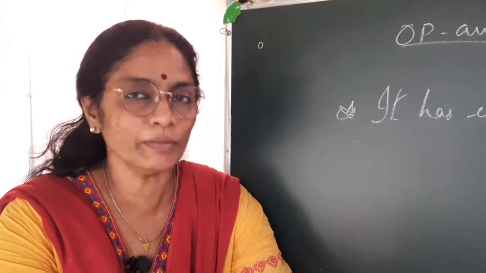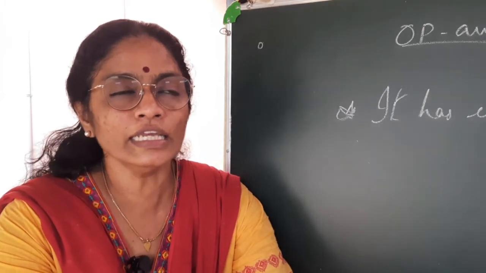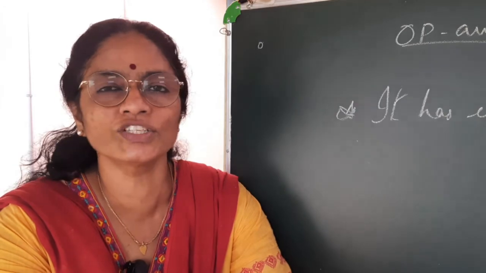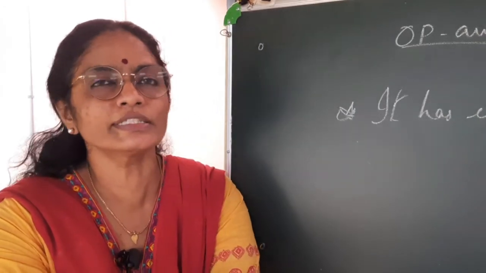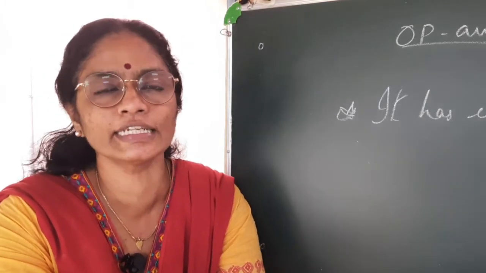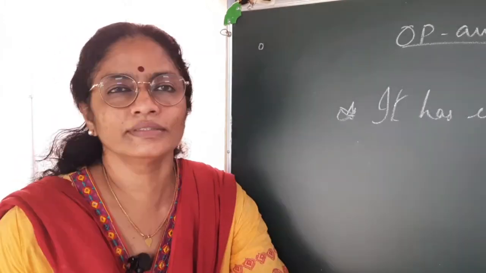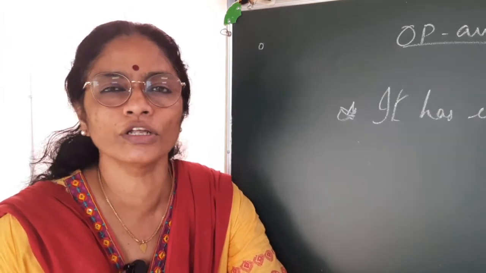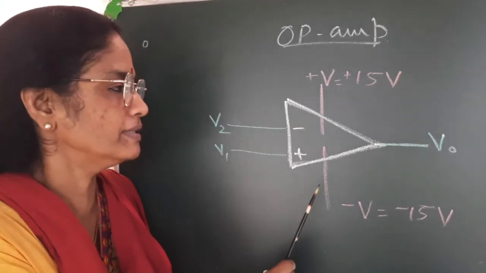We saw that the input stage is a differential mode, intermediate stages are direct coupled, and the output stage is a push-pull class C amplifier. Then we discussed that it is possible to amplify AC signals as well as DC signals with the help of this op-amp. The practical gain of this op-amp comes in the order of 10 raised to 5.